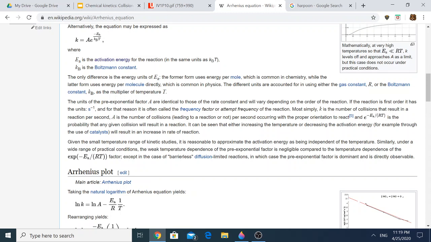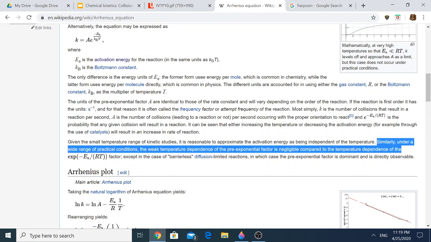And then note here, similarly, under a wide range of practical conditions, the weak temperature dependence of the pre-exponential factor is negligible compared to the temperature dependence of the exponential factor.